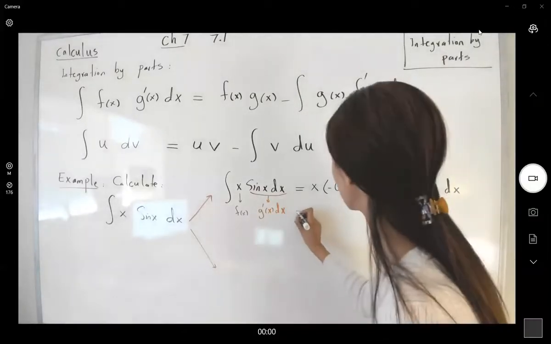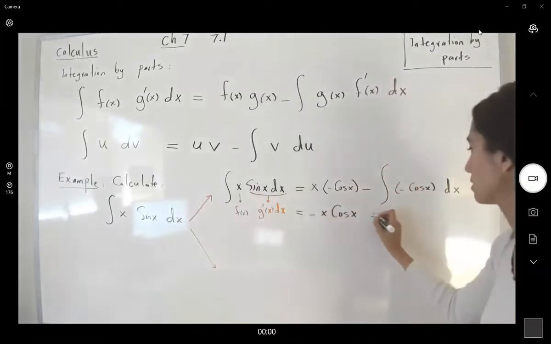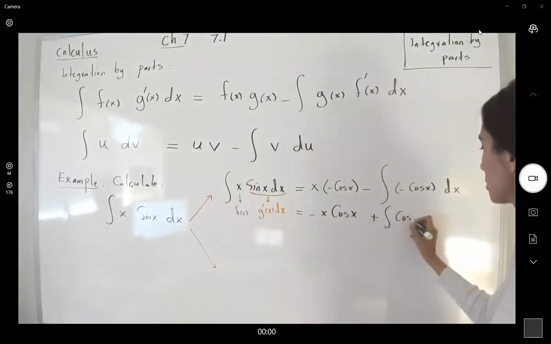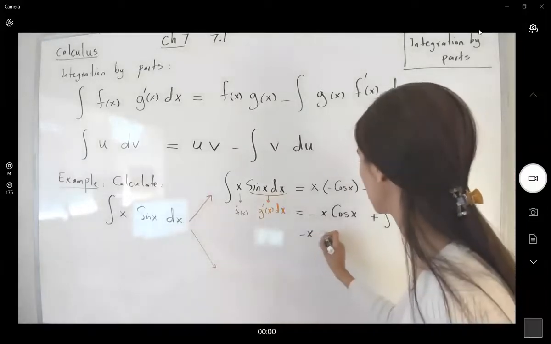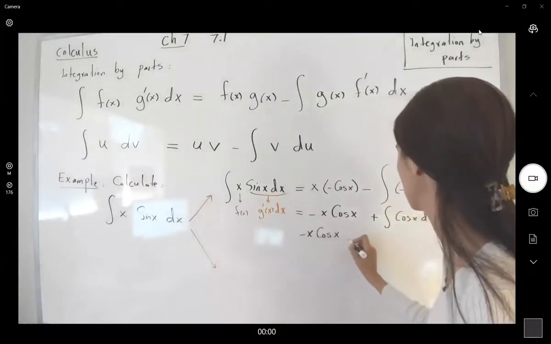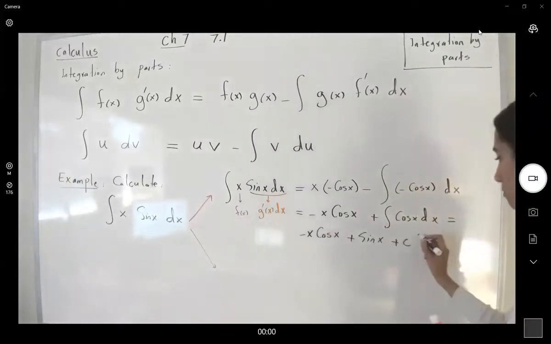So this is equal to minus x cosine x plus the integral of cosine x dx, which is equal to minus x cosine x plus sine x plus c.